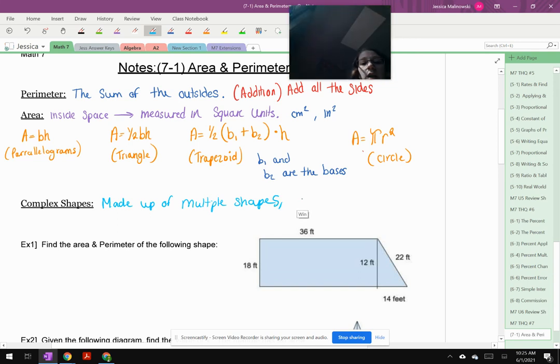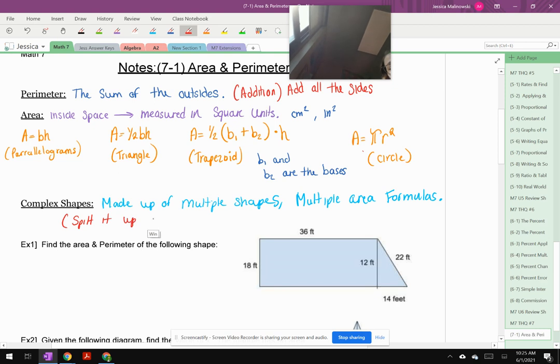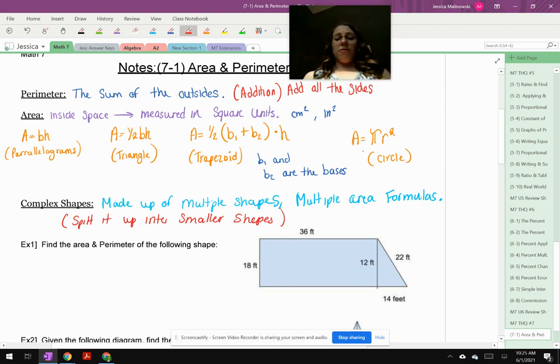Made up of multiple shapes, you're going to need to use multiple area formulas. And the best thing you can do when dealing with complex shapes is to split it up into smaller shapes. And we'll see what we mean in future examples.